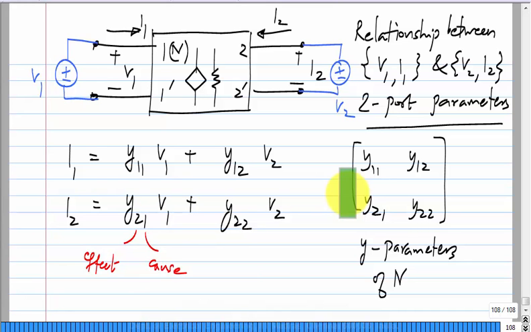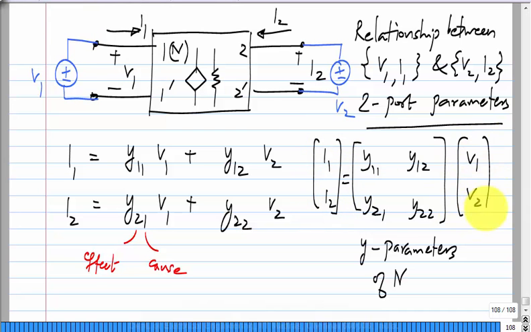So this is just a matter of getting used to, that's all. Obviously, the same thing can be written as I1, I2 equals this times V1, V2. The current vector is the Y parameter matrix times the voltage vector. Okay. Any questions here?